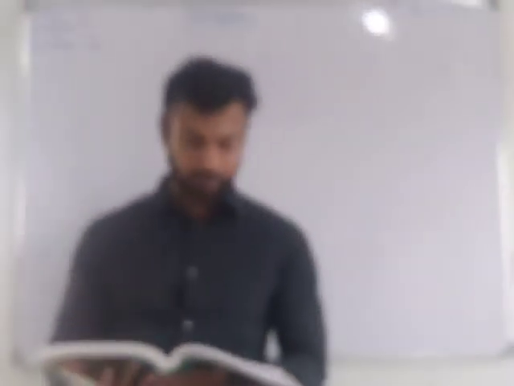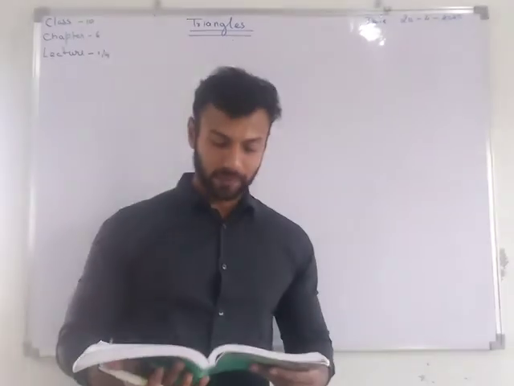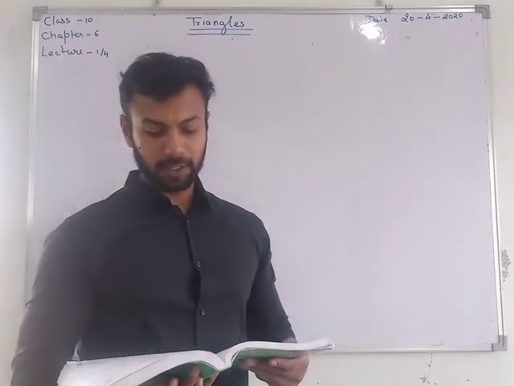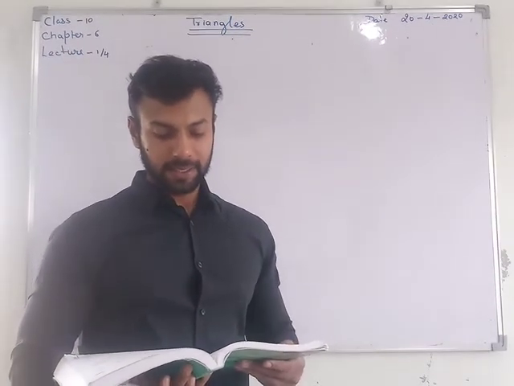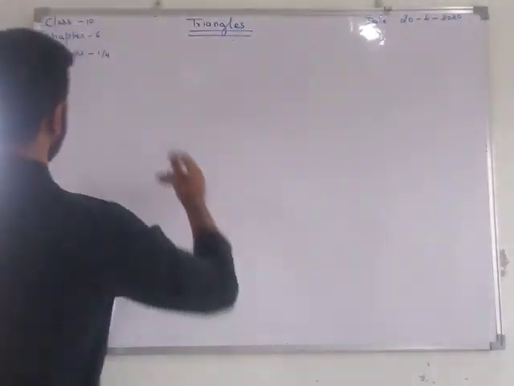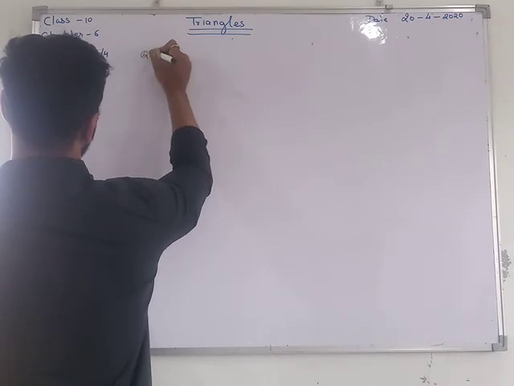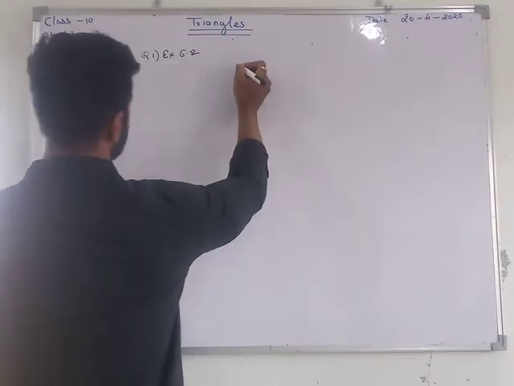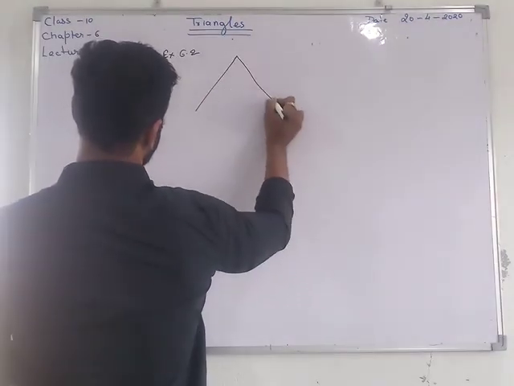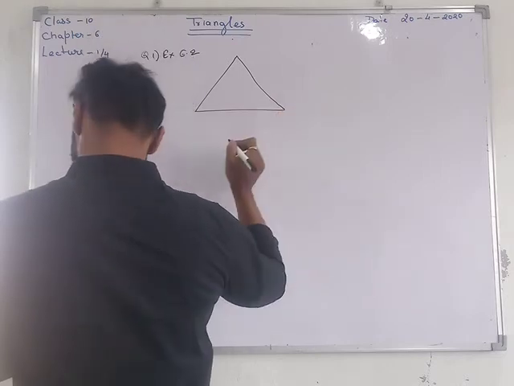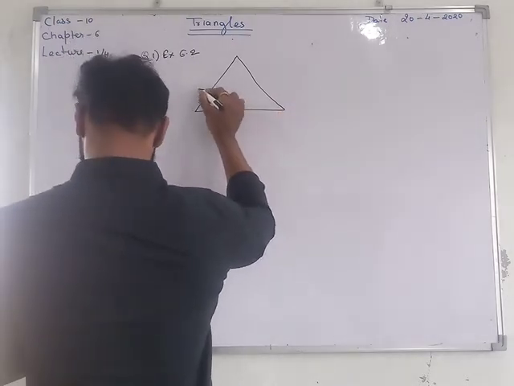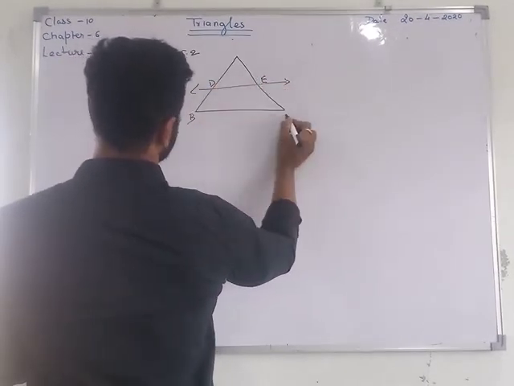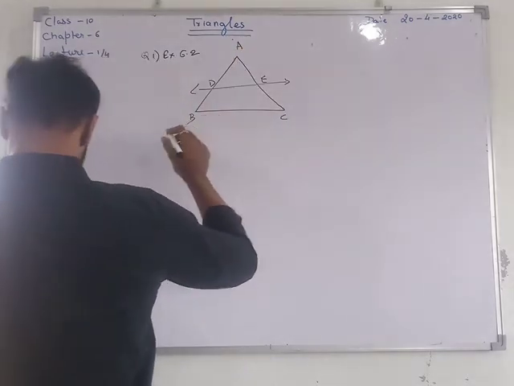I am taking the question from exercise 6.2 of the NCERT book, question number 1. In the figure, DE is parallel to BC. Find EC in the given figure. We are given the figure in which DE is parallel to BC and the sides are given.